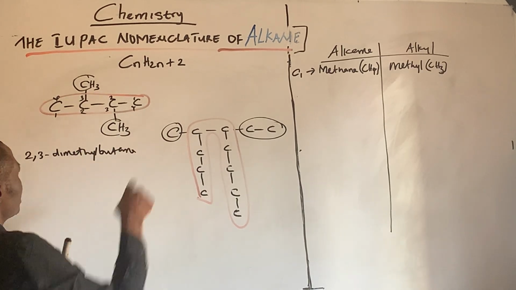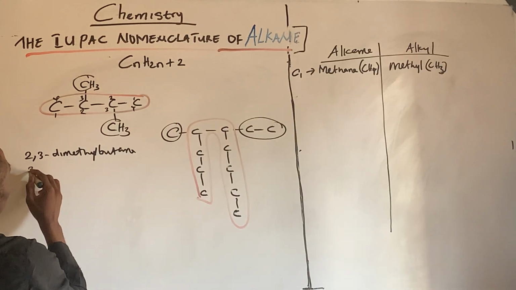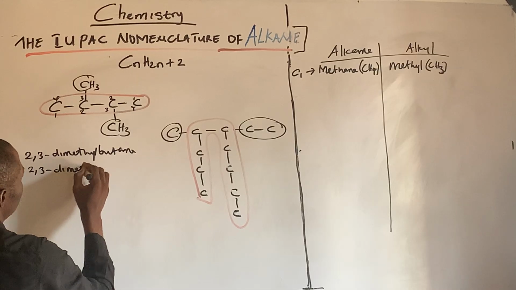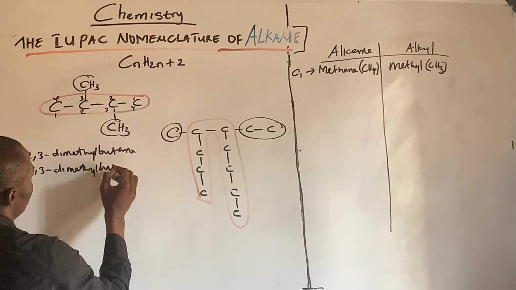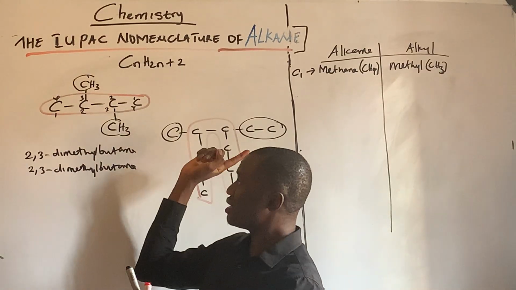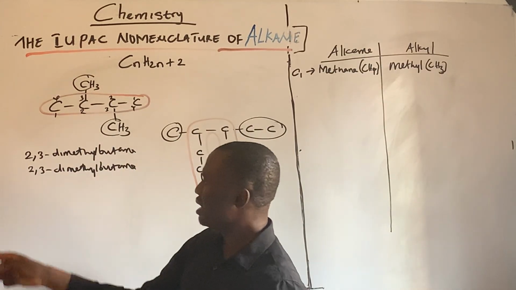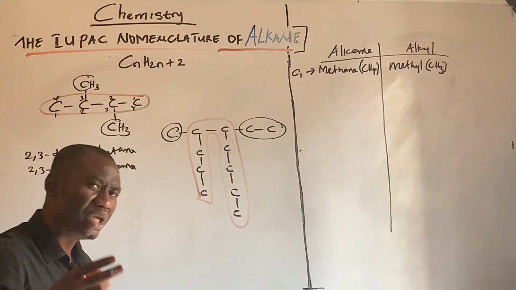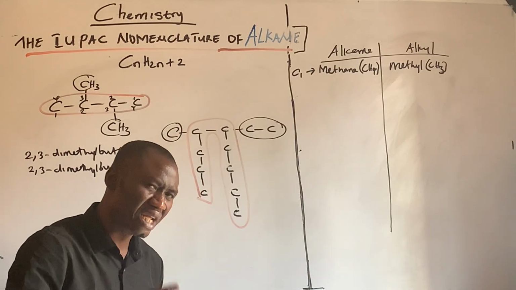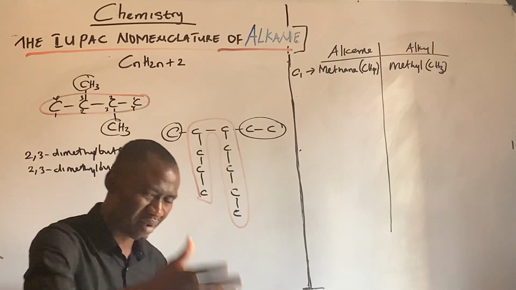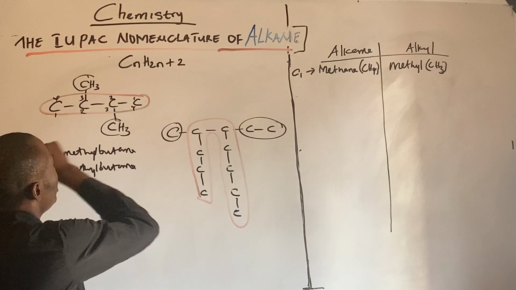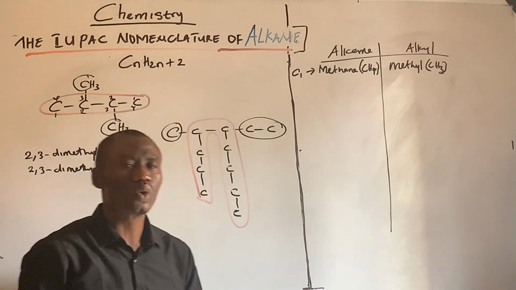If I count from this side, I'll be having 2,3-dimethylbutane. So this is symmetrical. If I count like this, I get the same answer. Why we use dimethyl is because there are 2 methyl groups there. If it's 3, trimethyl. If it's 4, tetramethyl, and so on. So if you go like this, you're correct. If you go like that, you're also correct.